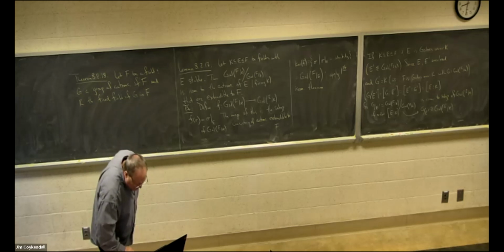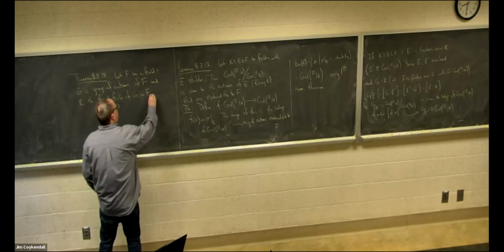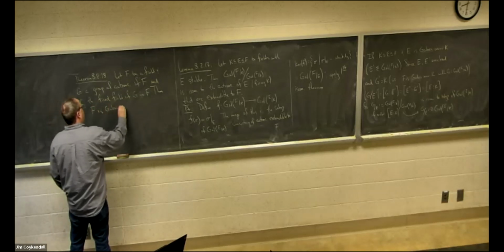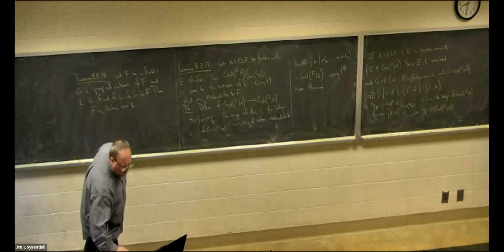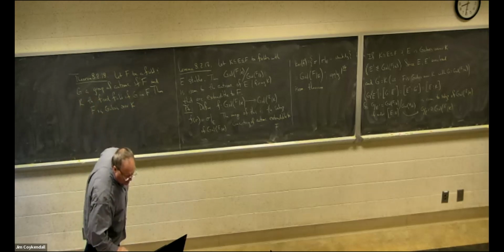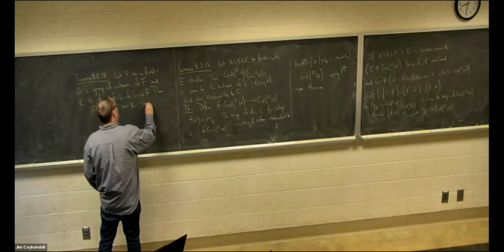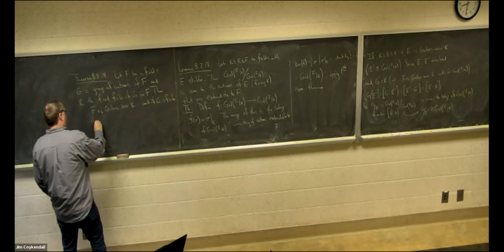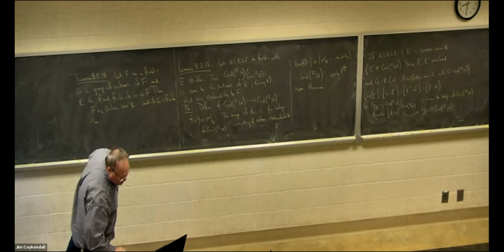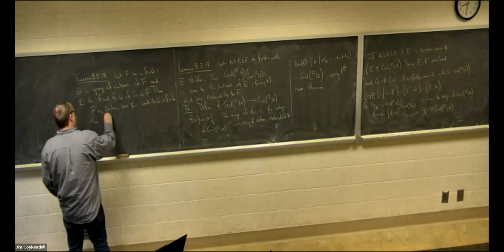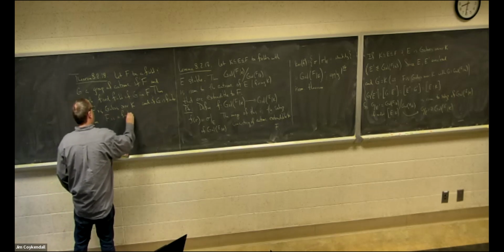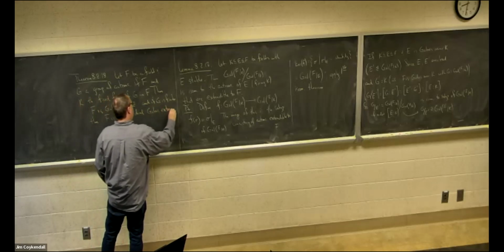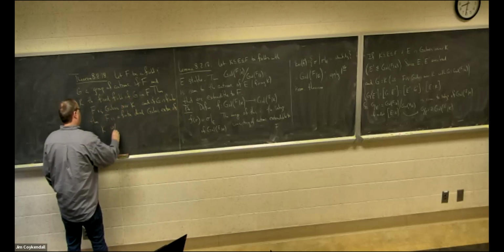Then F is Galois over K, and if G is finite, then F is a finite dimensional Galois extension of K with Galois group G.